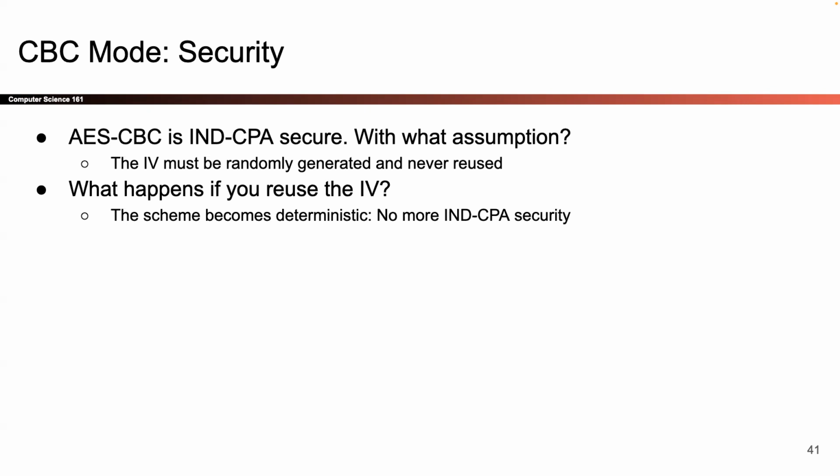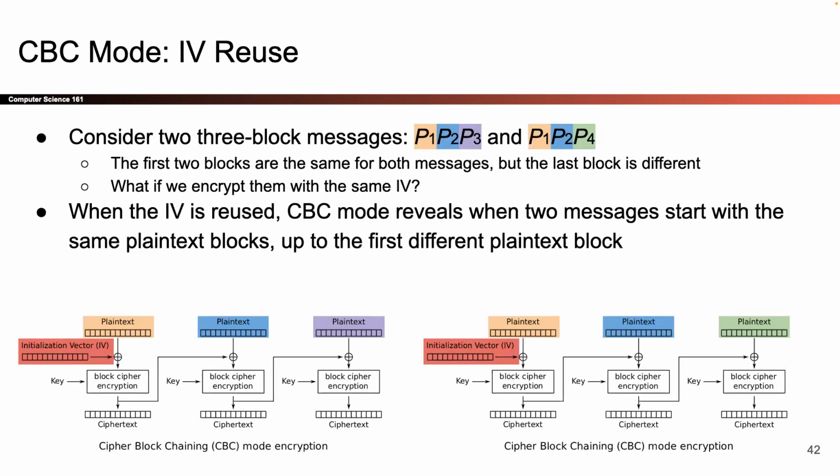But it turns out, even if you don't send the same message, things could still go wrong. This slide, with all of its fancy colors, is showing you that even if you don't send the same message, IV reuse can still leak information about your message. So let's consider two messages. This is also a nice time to remind you that having multiple messages is not the same as a message being split into blocks.